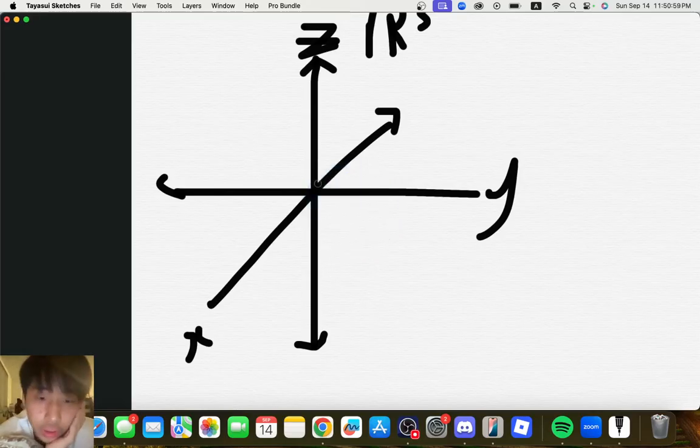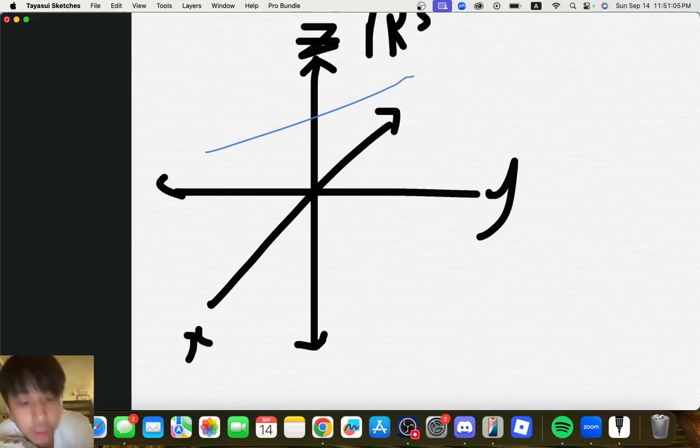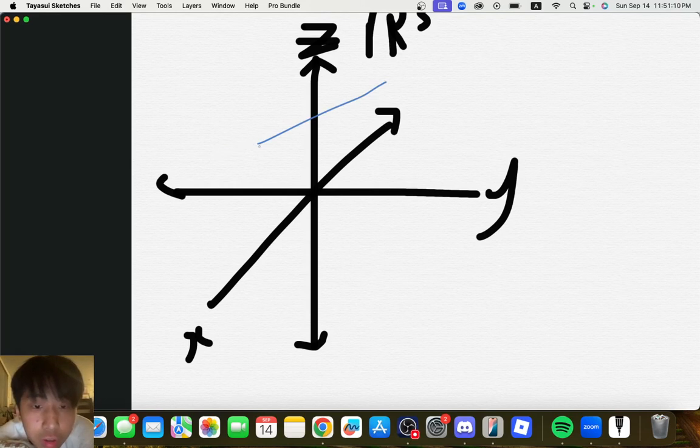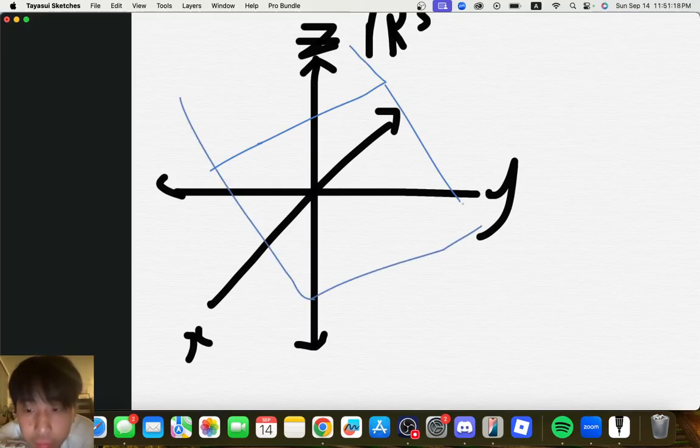So we had a line like this. Say this is a line and you want to make it a plane. The plane would just look like a square, like an infinitely stretching square, like so.